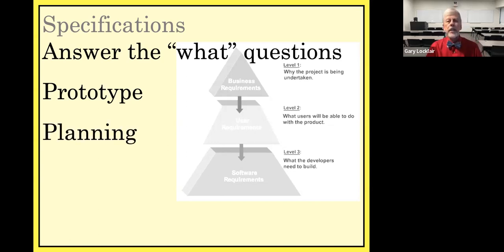There's another important aspect of specifications, and that's planning. We're going to hold off on this until the end of this unit, the beginning of the next unit, because for us, the planning in software engineering would be, how many software engineers does it take? Personnel. How much money will it cost? How much time?